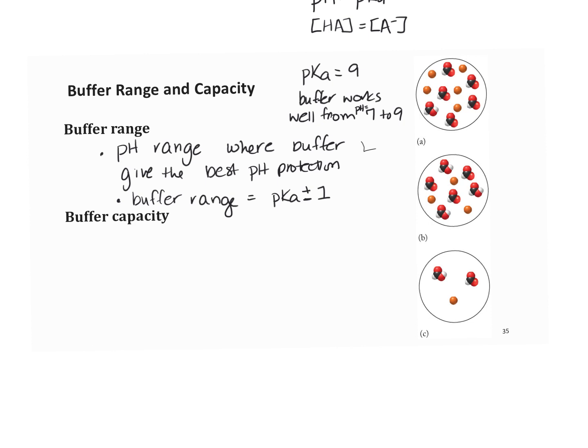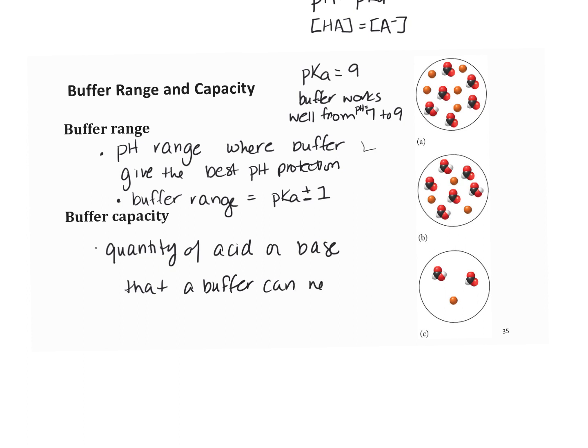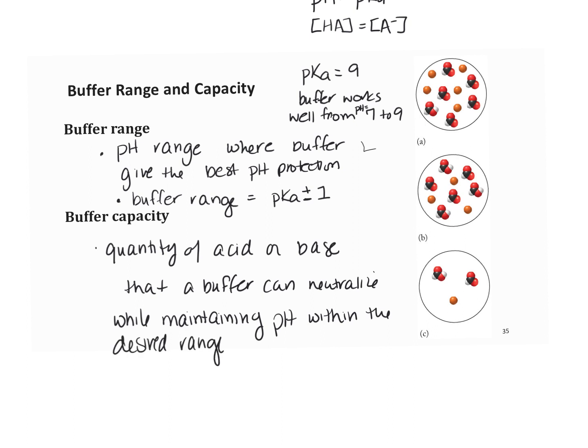And buffer capacity is just the quantity of acid or base that a buffer can neutralize while maintaining pH within the desired range. And generally, it's proportional to component concentrations.